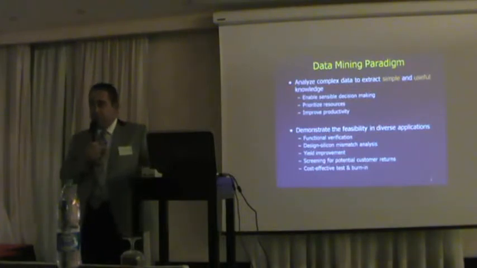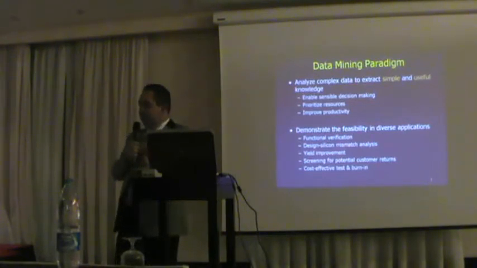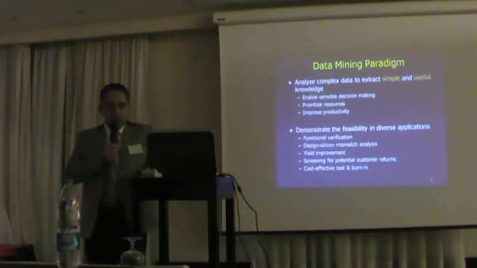So I'm going to demonstrate the feasibility of this approach in 5 diverse applications that anybody familiar with design and design automation should recognize. Functional design verification. Design silicon mismatch, which is analyzing silicon when it comes back after you build it, trying to debug what's wrong.